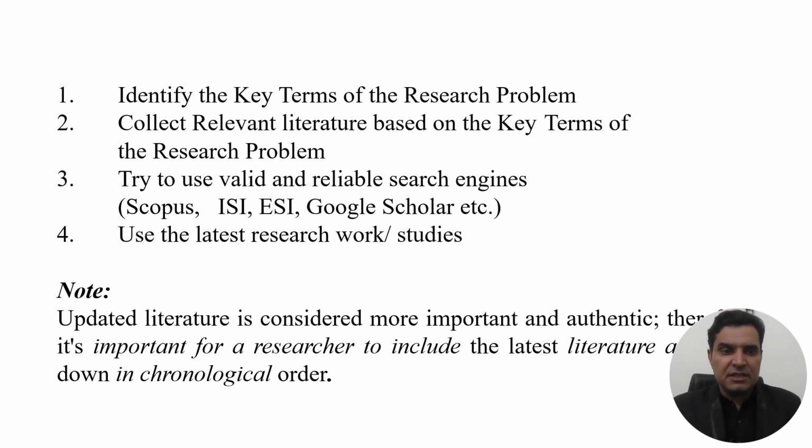The third step is to try to use valid and reliable search engines such as Scopus, ISI, ESI, Google Scholar, etc. There are different search engines or sites from where the researcher can collect data for writing a literature review.